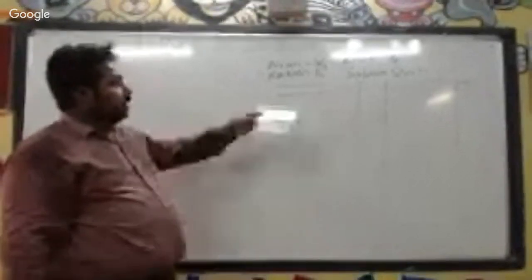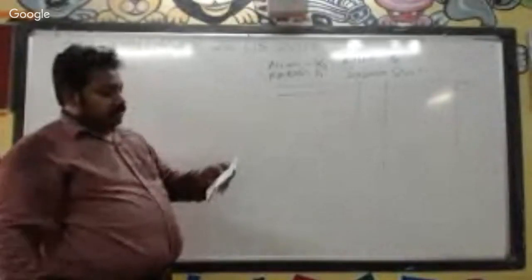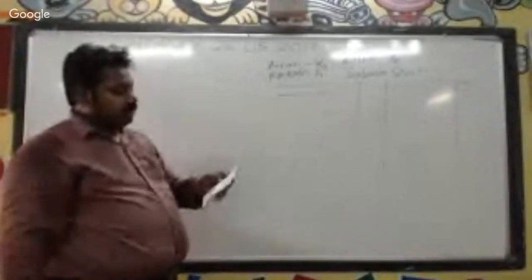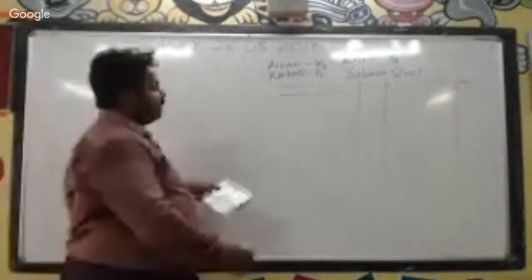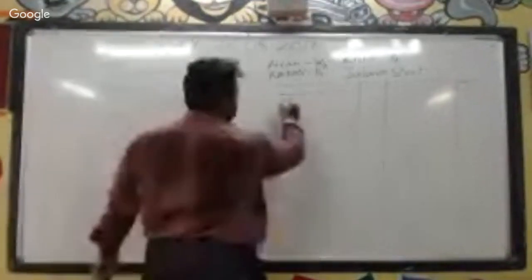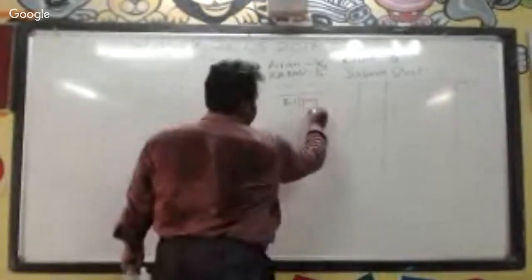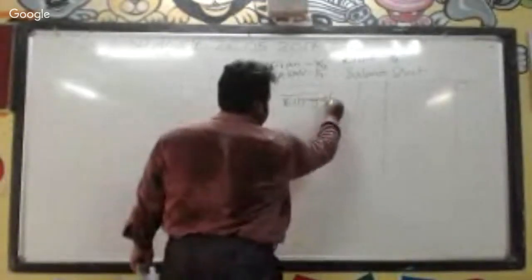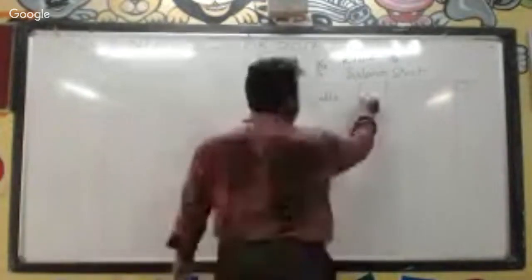First I will write the old balance sheet which he has given in the question. He has given the old balance sheet, that is, bills payable 10,000.